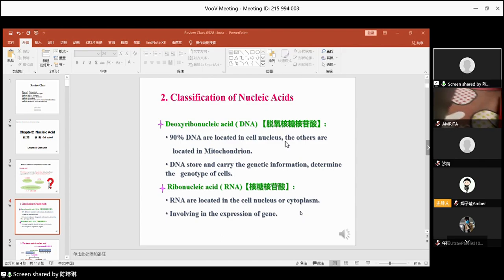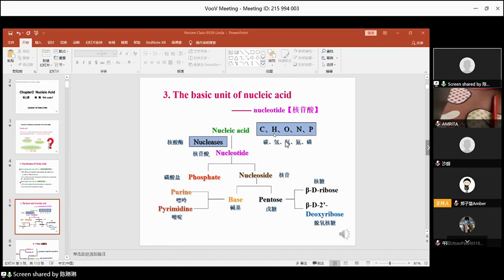And next, for the basic unit of a nucleic acid, you should know that the basic unit is the nucleotide, okay? And the nucleic acids can be hydrolyzed into nucleotides with the help of nucleases. And the nucleotide can be further hydrolyzed into phosphate and nucleoside.